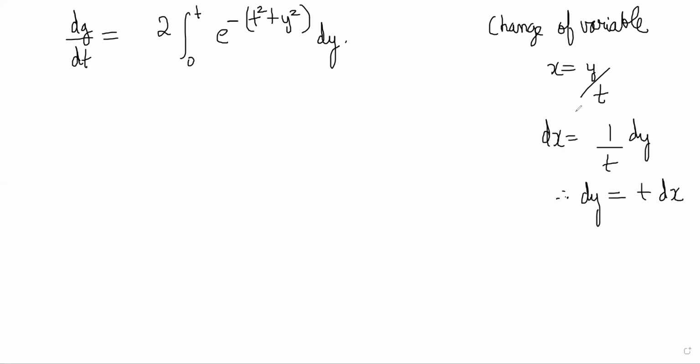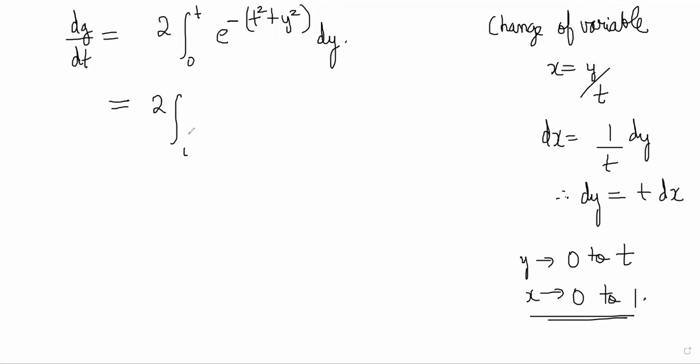And also the limits will change because y was going from 0 to t, so x will go from 0 to 1, right? That is obvious. So this becomes twice of 0 to 1 e power minus t square plus y square becomes x square t square, and this becomes t dx, right? I have replaced dy, I have replaced y, and I have changed the limits.